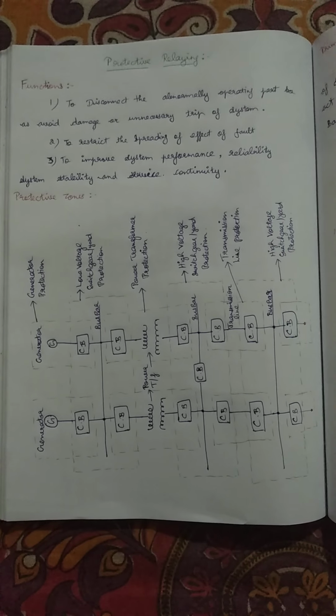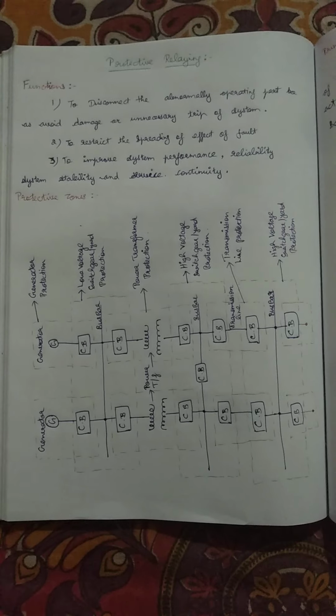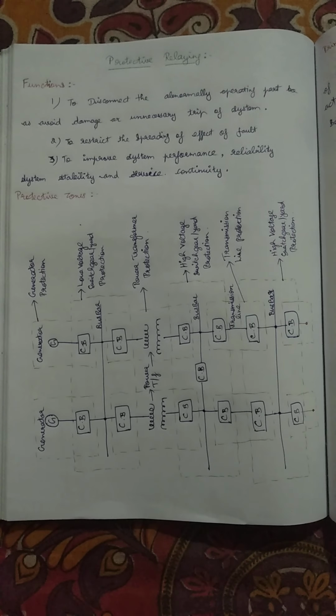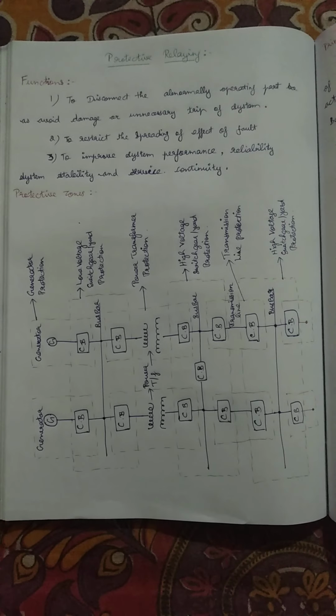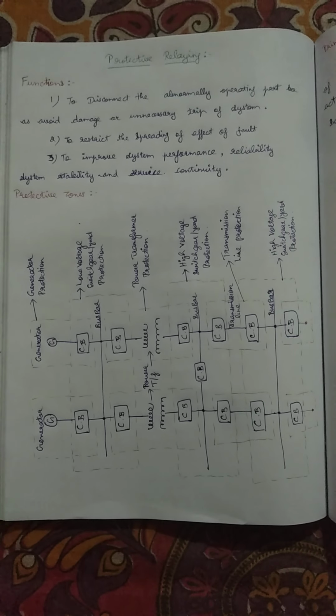For a transmission line we use distance relays. According to the distance calculation, the relay tripping initiation will be given under zone-wise calculations. So likewise there are a lot of relays used for protection.